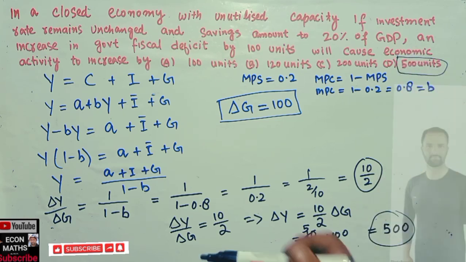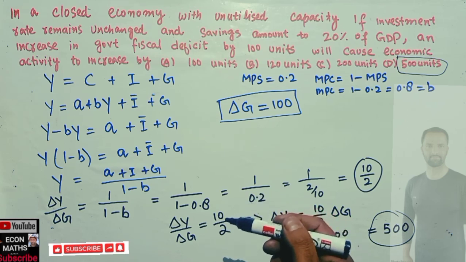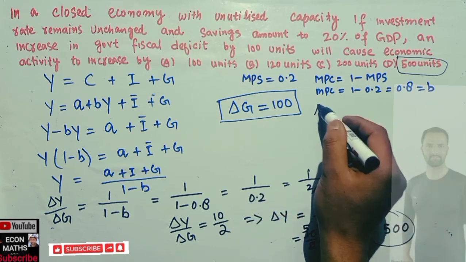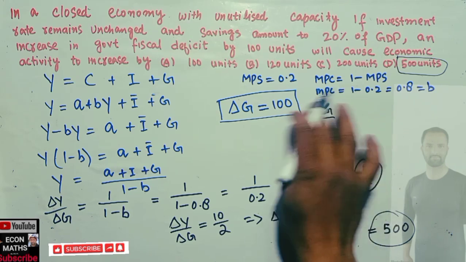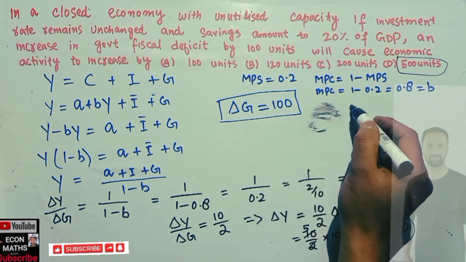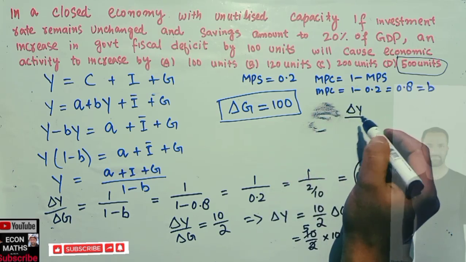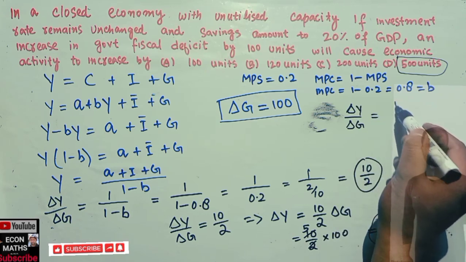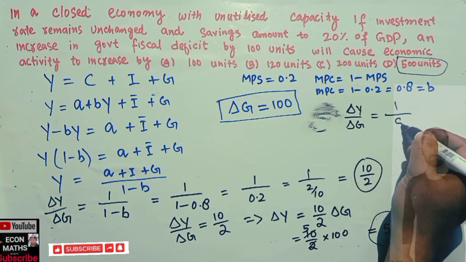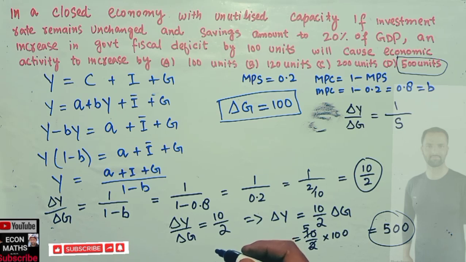You can also easily calculate it simply: change in Y when there is change in government expenditure is equal to 1 upon the marginal propensity to save.